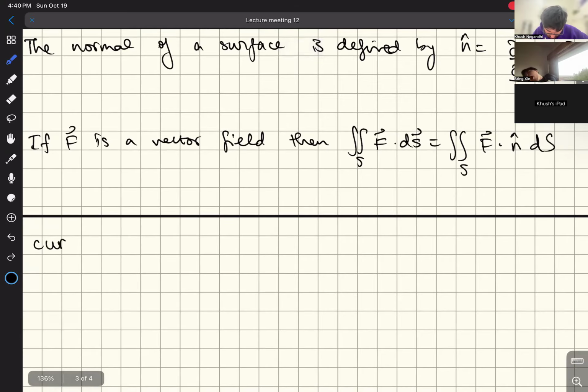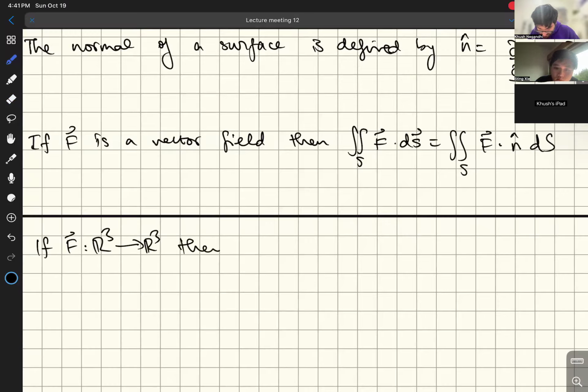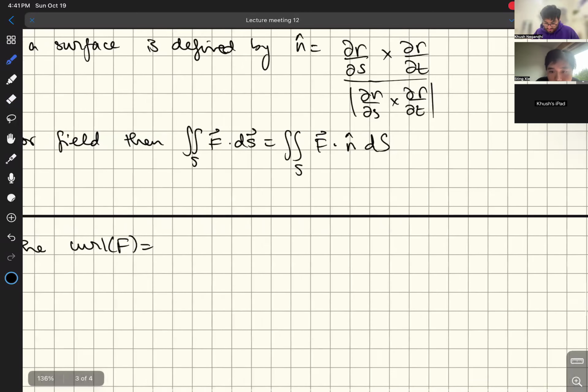So the curl of F. If F is a function from R3 into R3, the curl of F is defined to be, okay, the partial of F with respect to z.